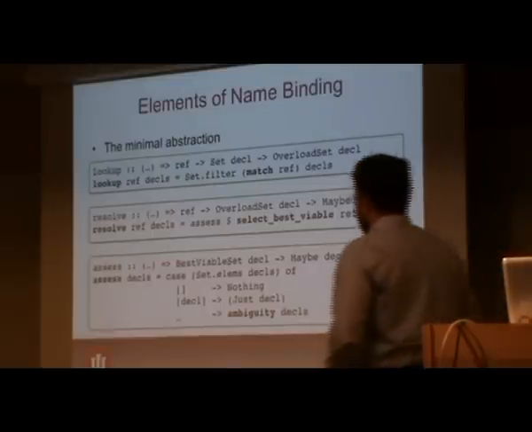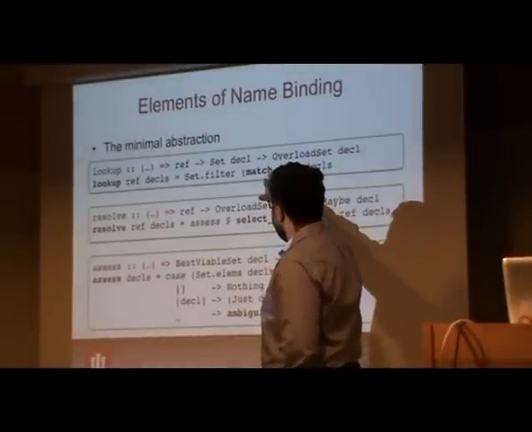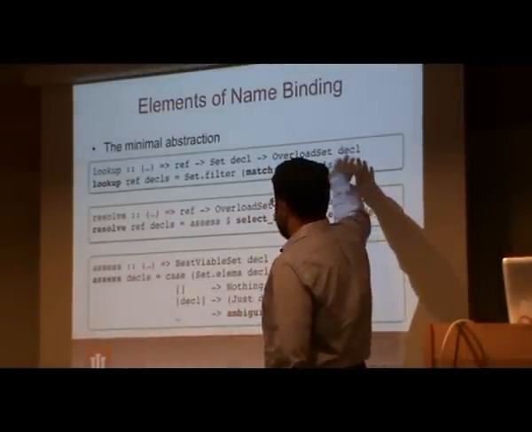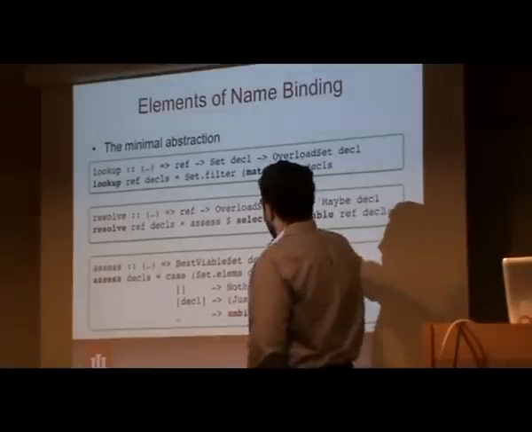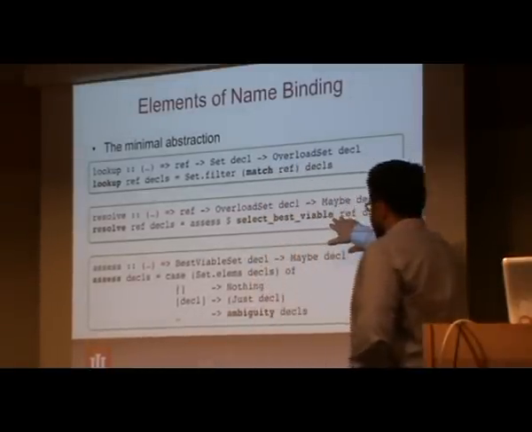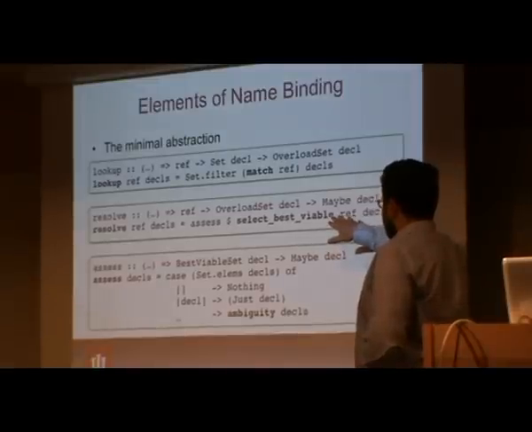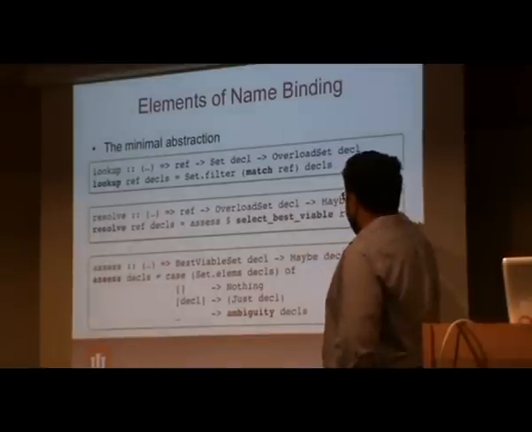Once we finish lookup, which is generic in terms of match, we get an overload set. For resolve, we pass the overload set in, and then we use this select best variable, which basically performs overload resolution and so on. So given an overload set, we get possibly a declaration.